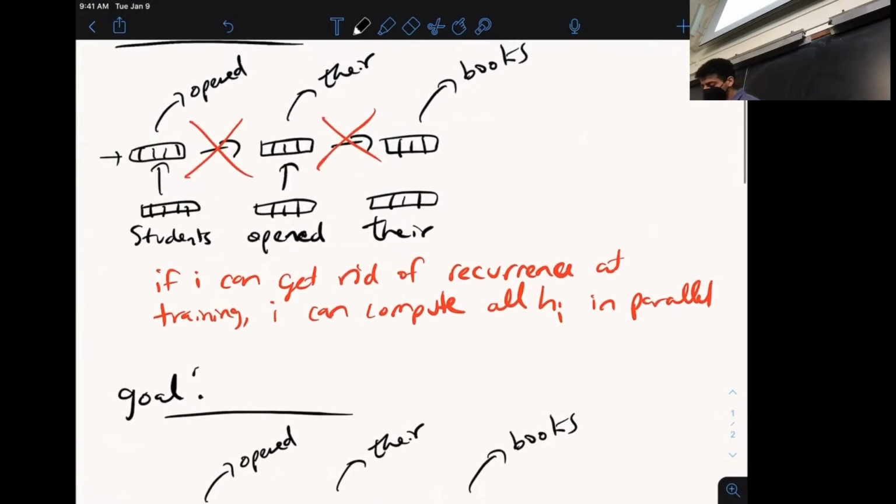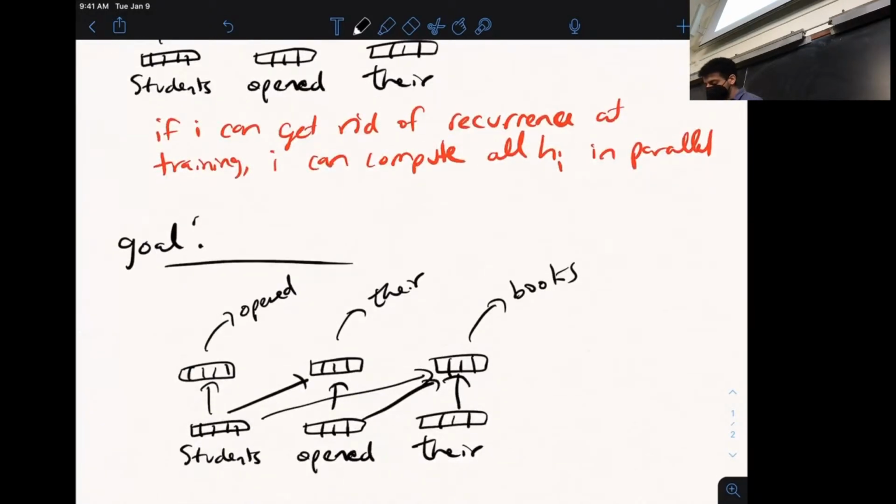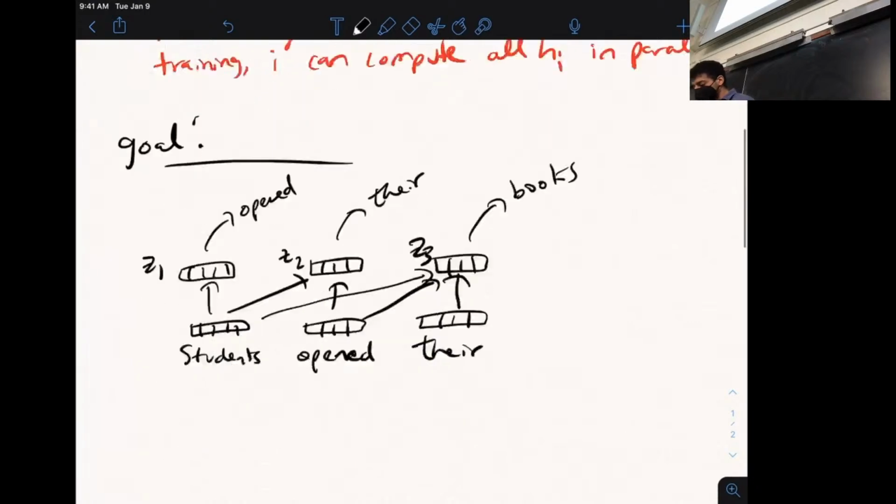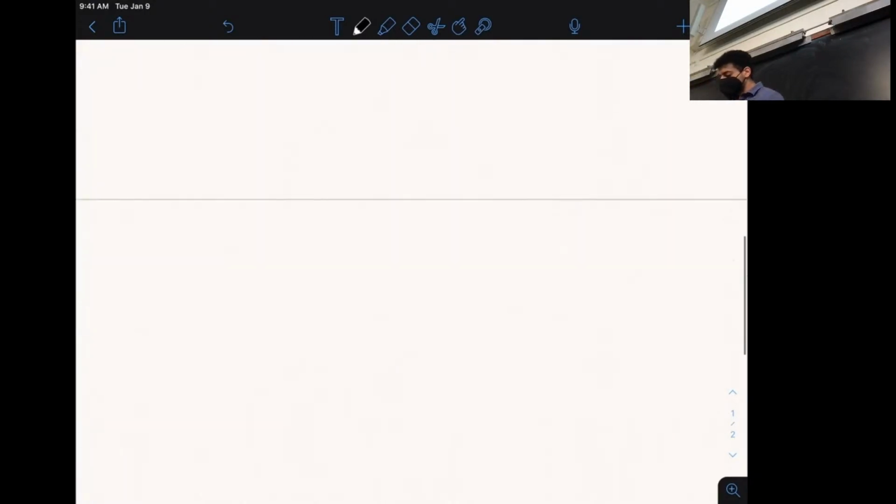So these things we called h sub 1, h sub 2, h sub 3. Here, just to be clear, let's call these by different names: z sub 1, z sub 2, z sub 3. We are going to compute these z's, which are kind of equivalent to the hidden states. I'm just going to call them z to avoid confusing them with the recurrent neural network computation. We're going to compute these using a mechanism called self-attention.